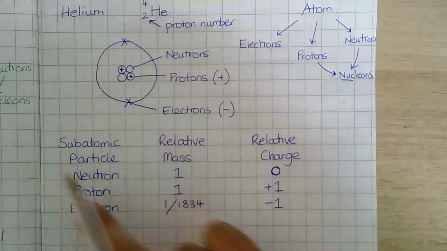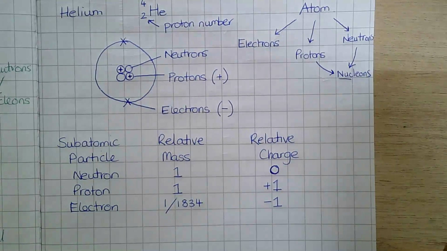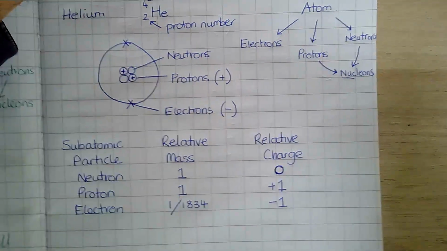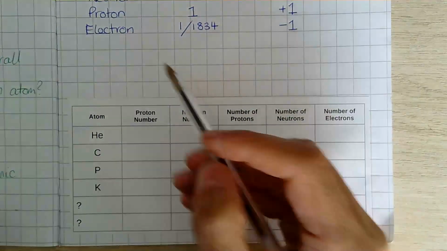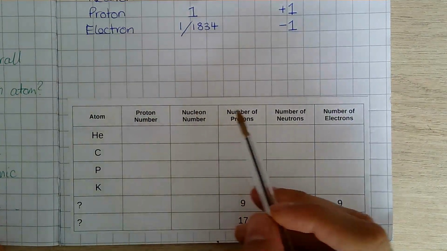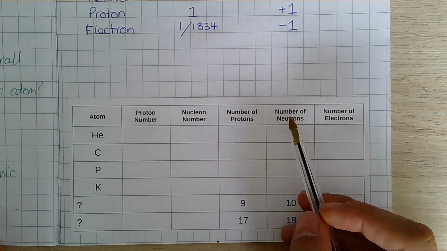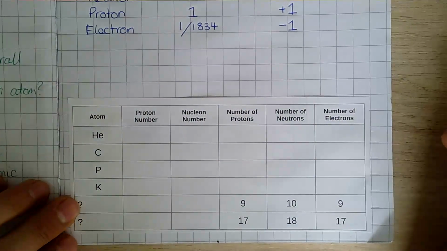So that's all of the information you need to know about the subatomic particles. But now, what you need to be able to do is look at an atom and say, what's the proton number, what's the nucleon number, what's the number of protons, what's the number of neutrons, what's the number of electrons. And I'll show you that now quickly.